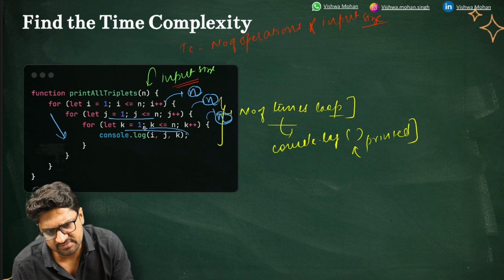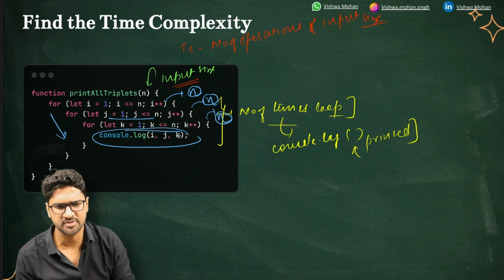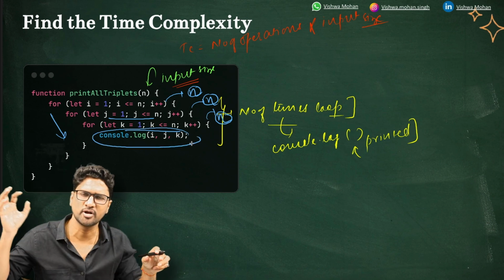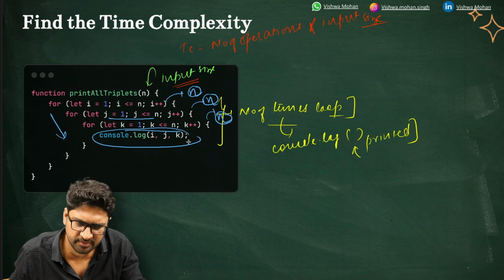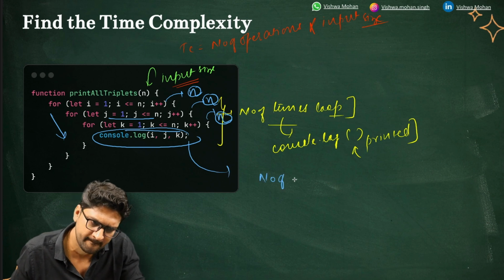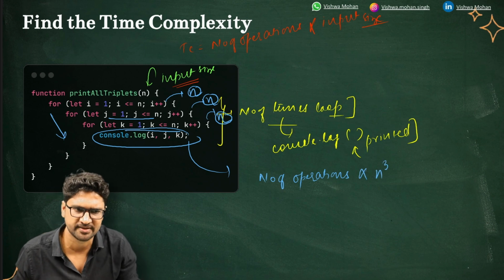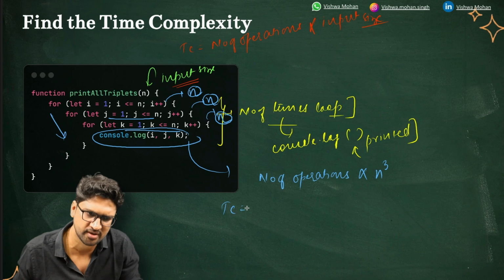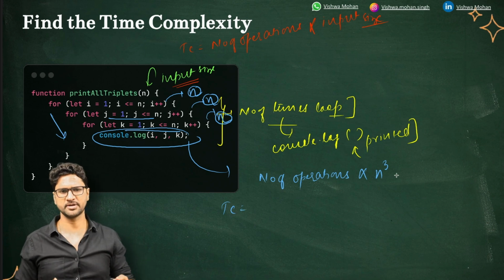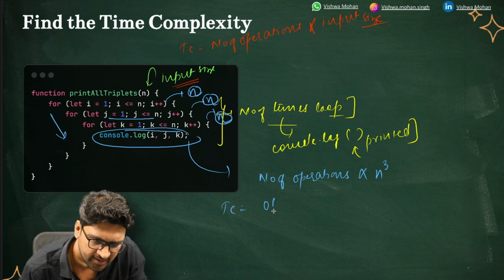Effectively, how many times will console.log of i, j, k be executed, or how many times will the loop run? The number of operations will be proportional to n cube. All of these get multiplied. So effectively my time complexity will be what? How the number of operations is proportional to the input size. So time complexity will be big O of n cube.